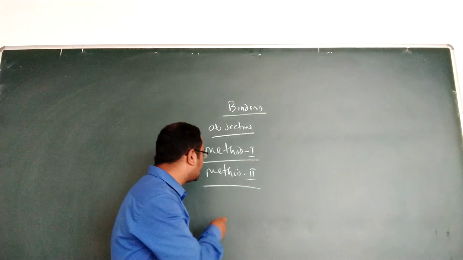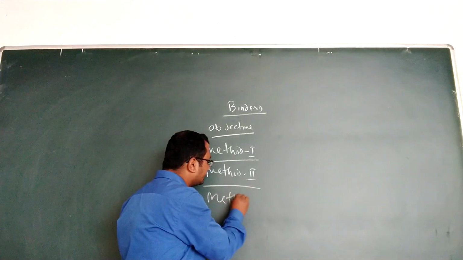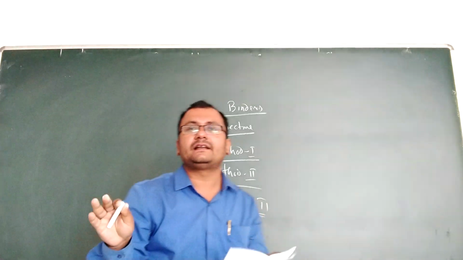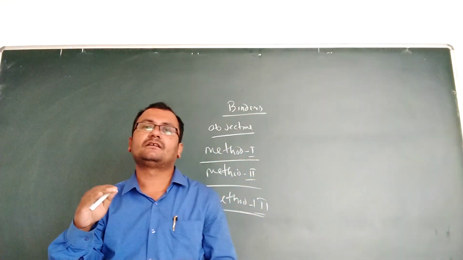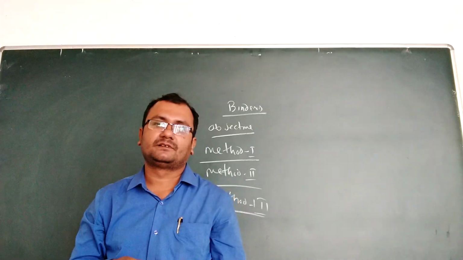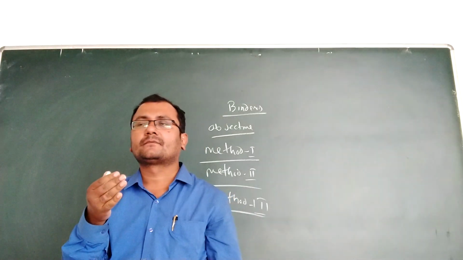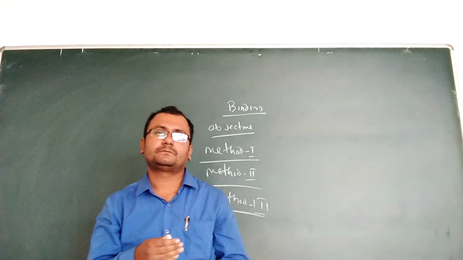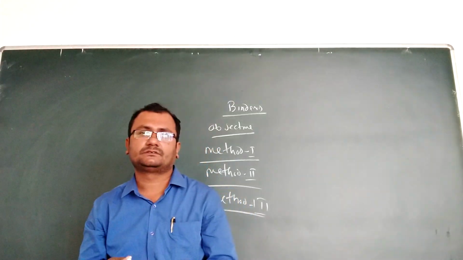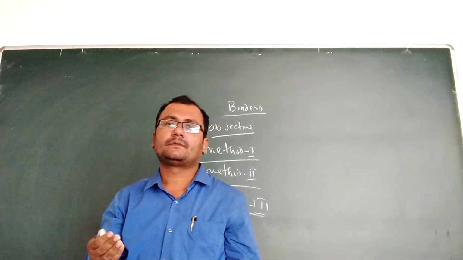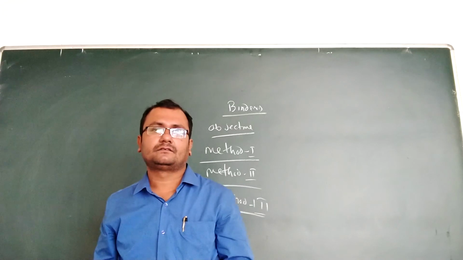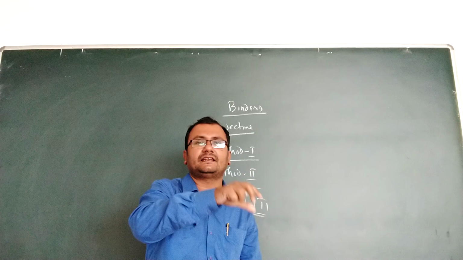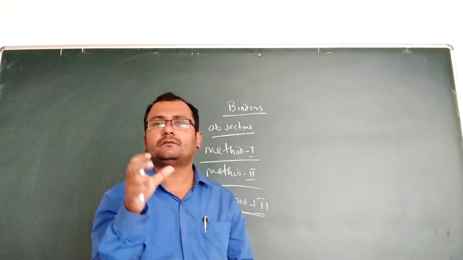Let us come to method 3. In this, we don't need to use any type of solvent. Simply, we add the binder in powder form. For different types of binders which we can use, like microcrystalline cellulose, we can use PVP, polyvinyl pyrrolidone. These are binding agents which we can use directly in the powder, and that powder we can directly compress.